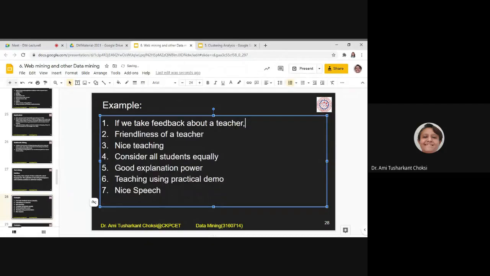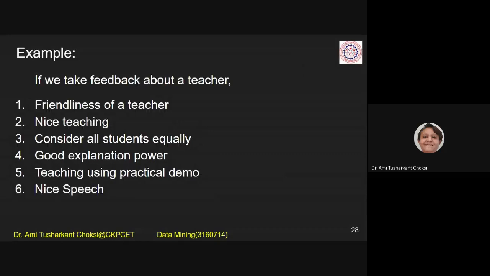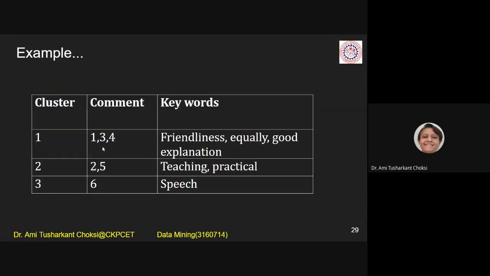Okay, now it is fine. One is friendliness, three is consider all students equally, and four is good explanation power. Right? So here one, three, four.